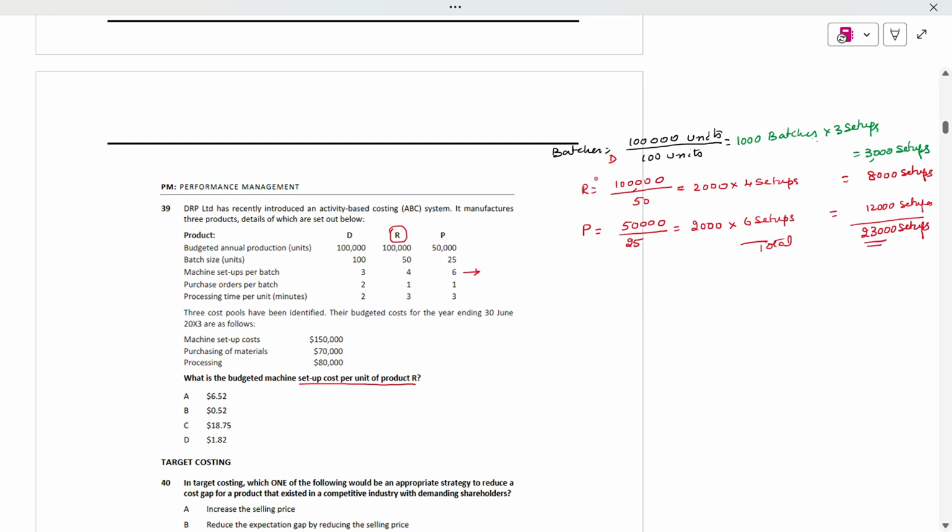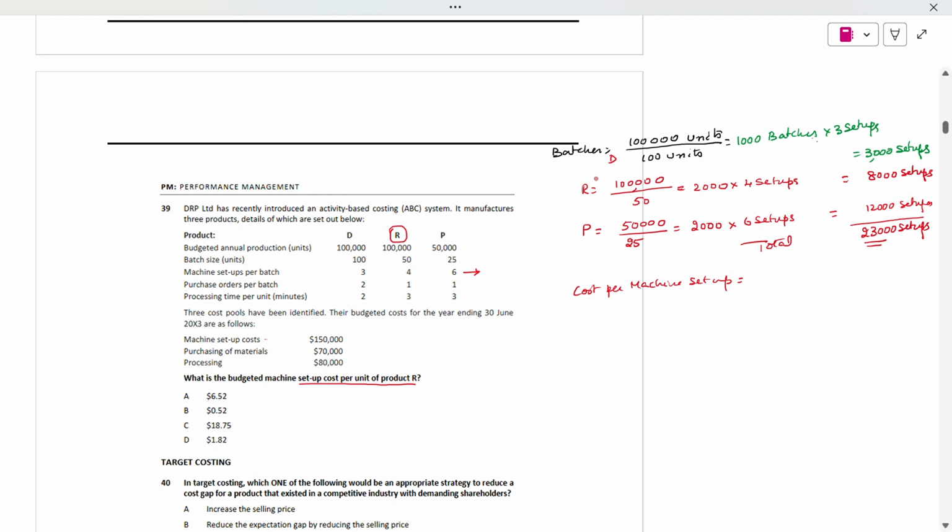Take your time, understand. Okay, 23,000. Cost per machine setup.